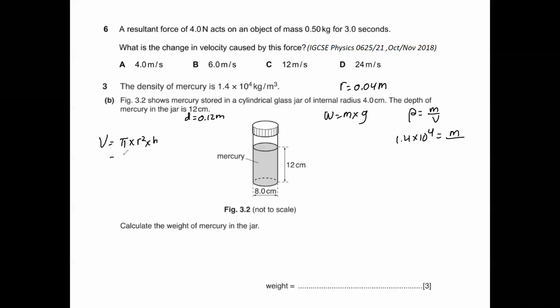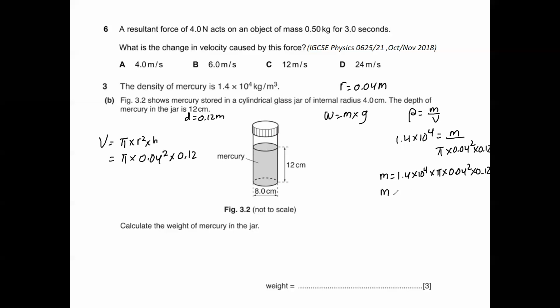So pi times the radius is 0.04 and the height is 0.12 or the depth. And then we can insert it here. So pi times 0.04 square times 0.12. So the mass is 1.4 times 10 to the power 4 times pi times 0.04 square times 0.12.